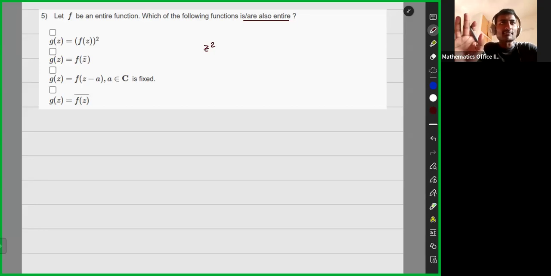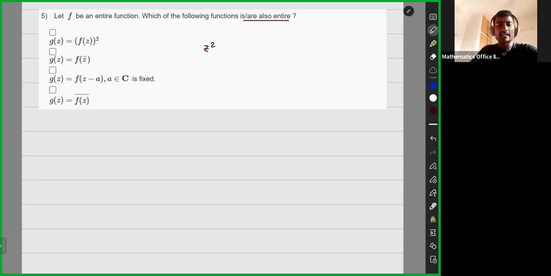It is an entire function. Are you agreeing with me? All polynomials are entire functions. Their derivative exists everywhere. It was done in the classroom.